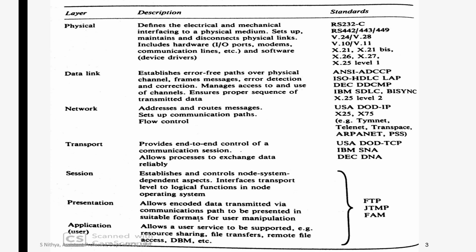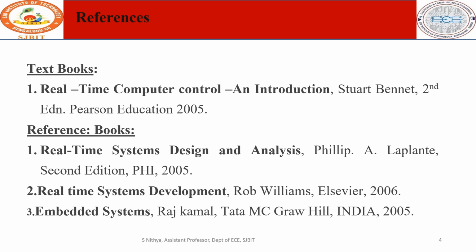The application layer allows user services to be supported, such as resource sharing, file transfer, remote file access, and DBM. The standards used for these last 3 layers are FTP, JTMP and FAM. So these are the 7 layers and the operations of the 7 layers.